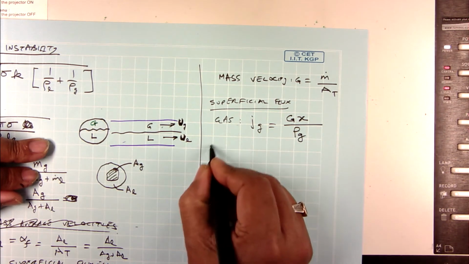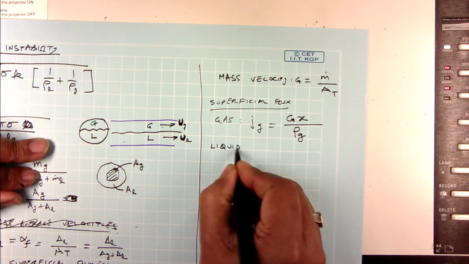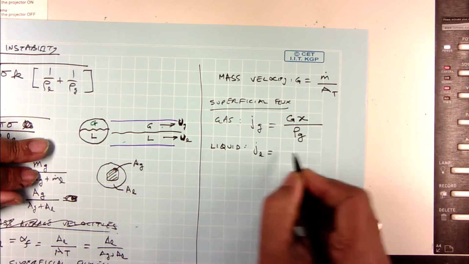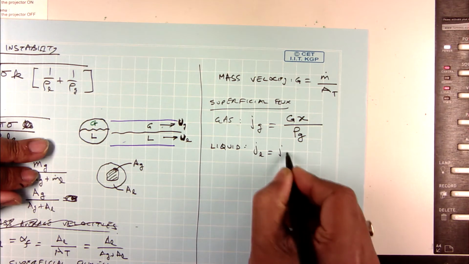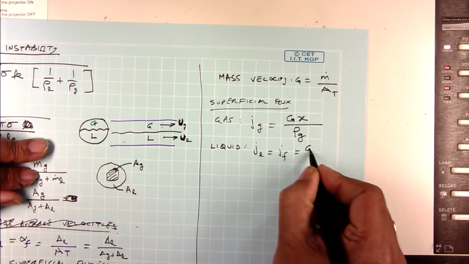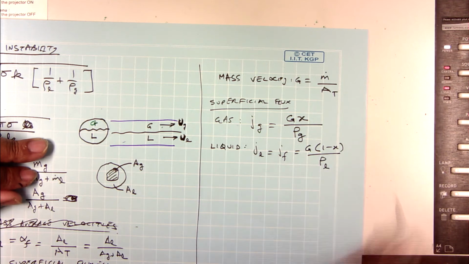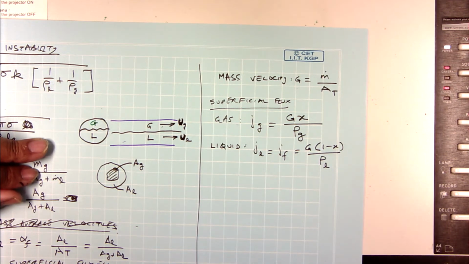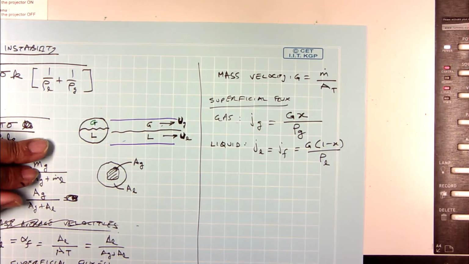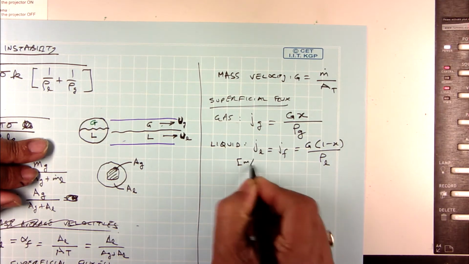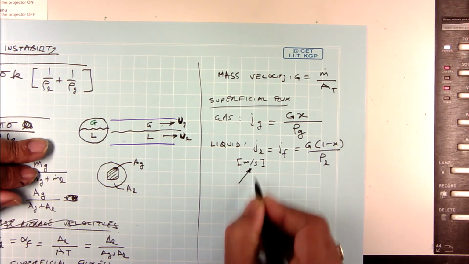Similarly, I can define a superficial flux for liquid, called JL or JF, and that is G times 1 minus x divided by rho L or rho F. So J has units of velocity, and it is an indicator for volume flow rate.